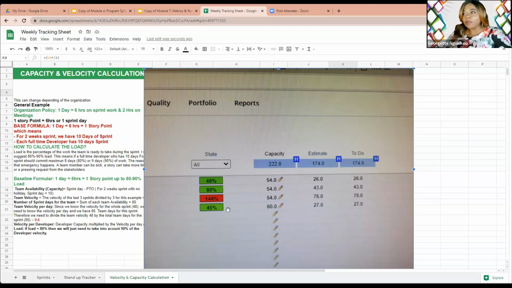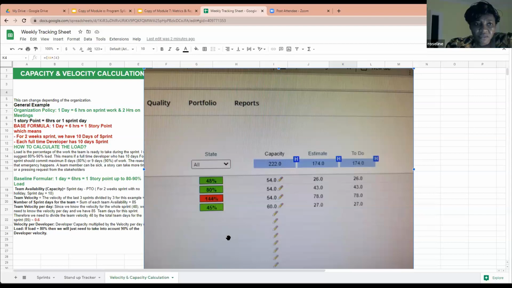Does that make sense? All you do is put in the velocity here, and whenever they put the story under their name, it automatically calculates the load for you. This is the functionality with Rally. I don't really know how it works with Jira, but I guess it's the same thing. Any questions so far?